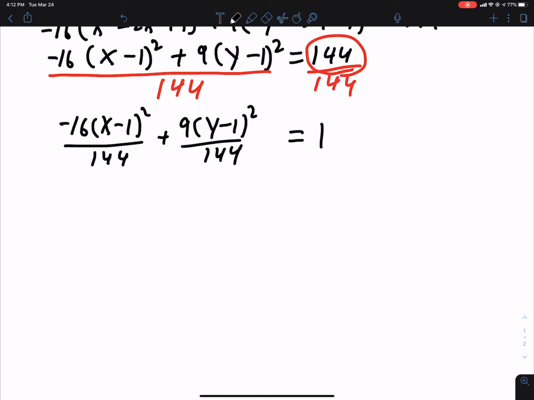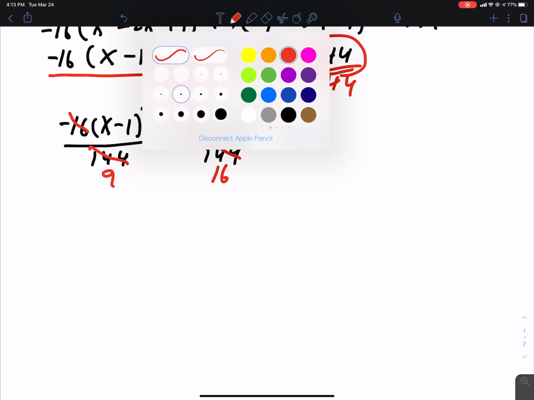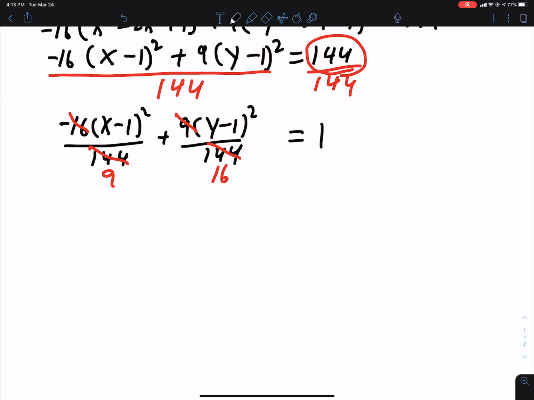I'm going to use a calculator because I'm not that smart. So 144 divided by 16 is 9. So what's going to happen here? That will cancel that, leaving a 9. And this will cancel that, leaving a 16. So what we have left is this.